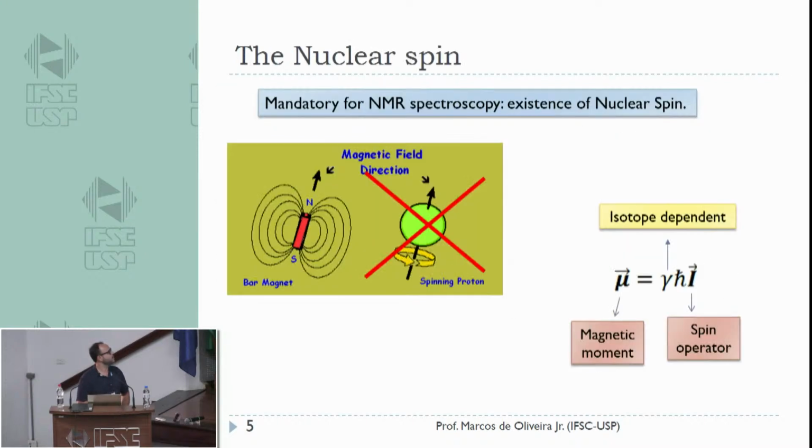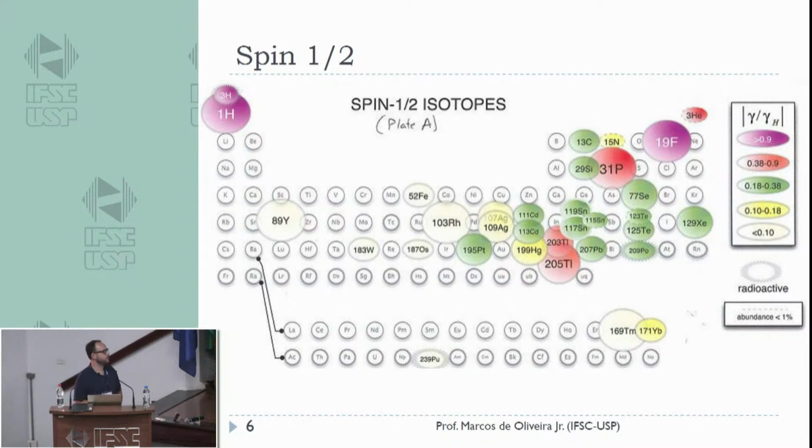So mandatory for NMR is that the nuclei have a spin different from zero. Here I put some examples in the periodic table of the isotopes that have spin 1/2, for example. You can see that only some isotopes are active in NMR. For carbon, for example, the most abundant carbon-12 is not active in NMR because the spin quantum number is 0.